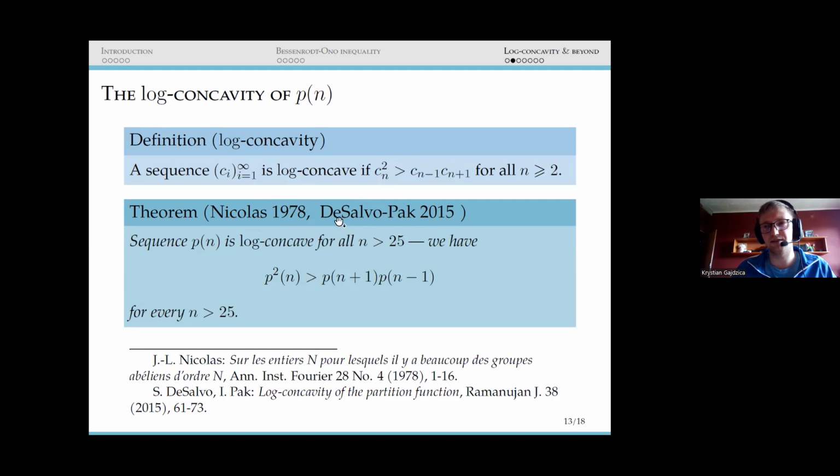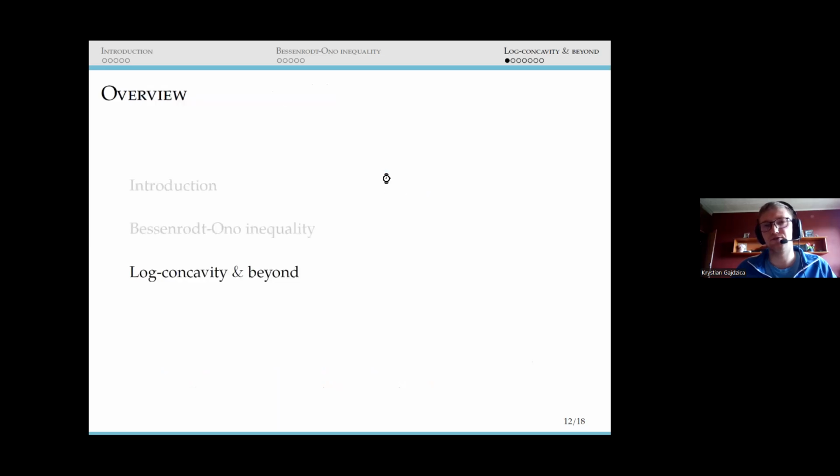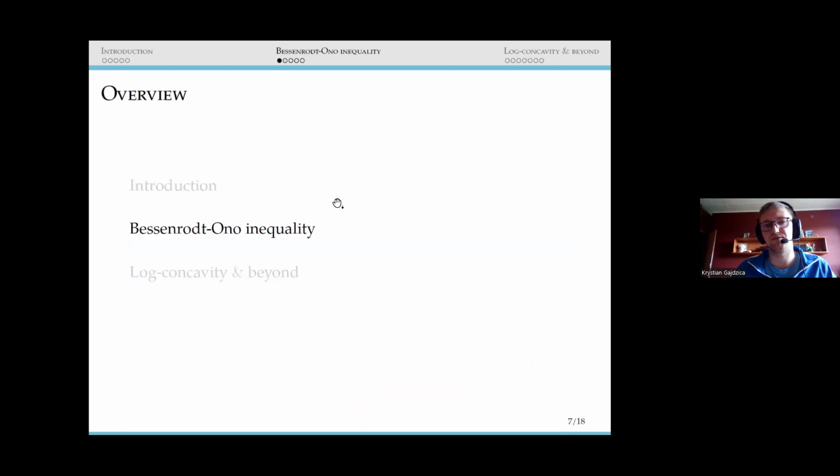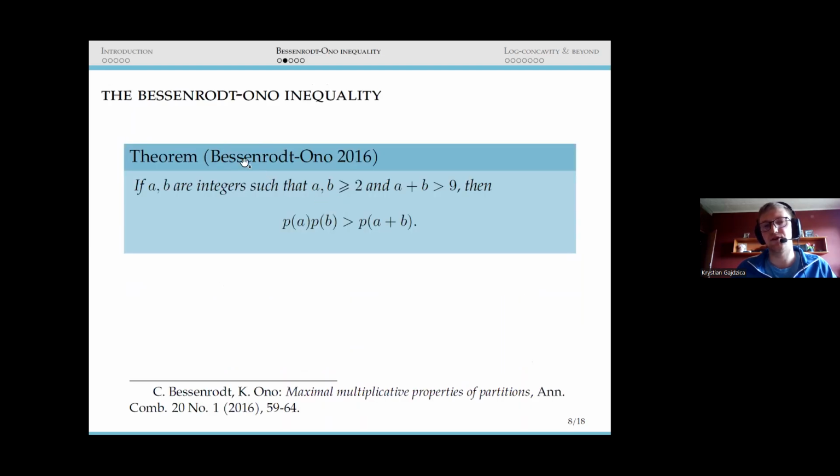The work of DiSalvo and Pak was the motivation for Bessenrodt and Ono to investigate the following inequality for the partition function.